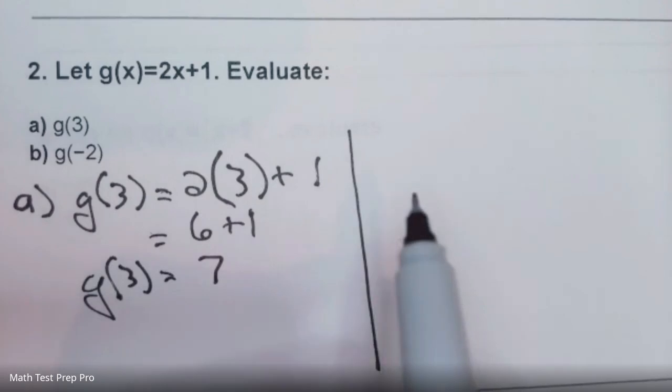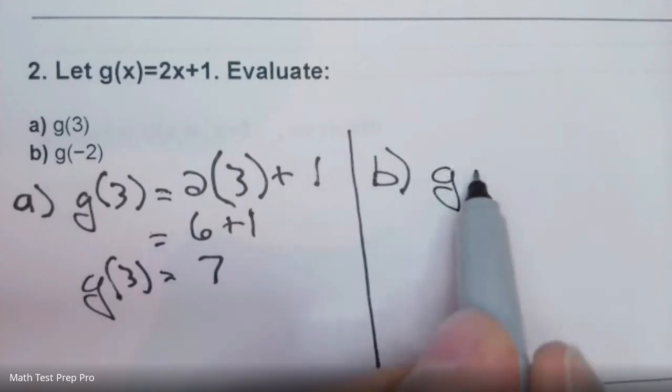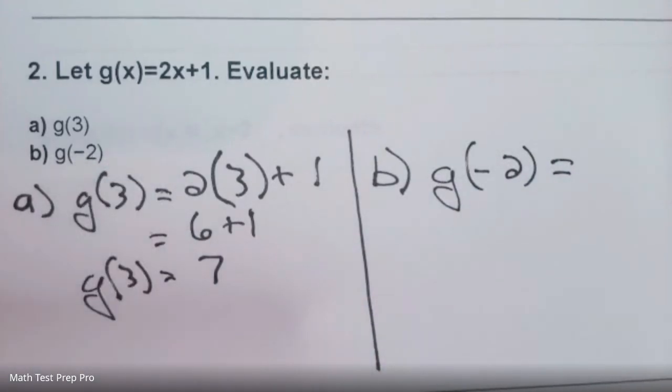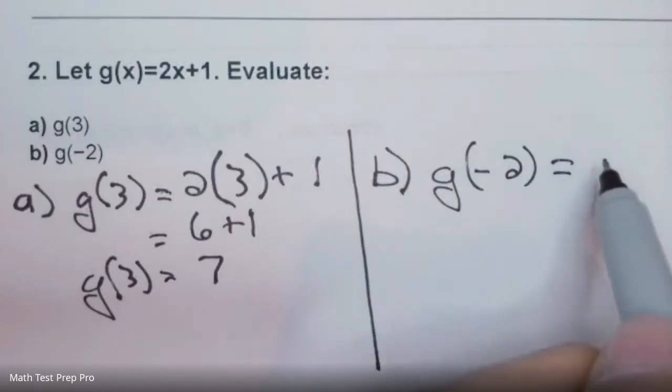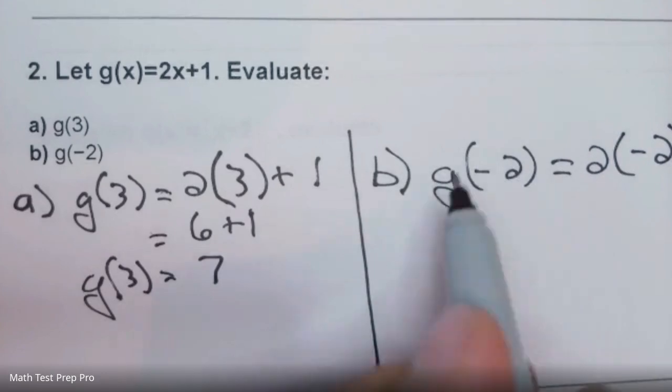All right. So for B, it's going to be g of negative 2. So g of negative 2 equals 2x plus 1, which is going to be 2 times negative 2 plus 1.